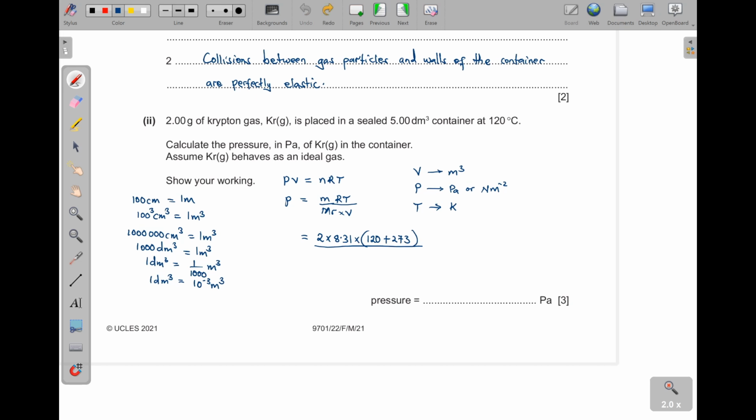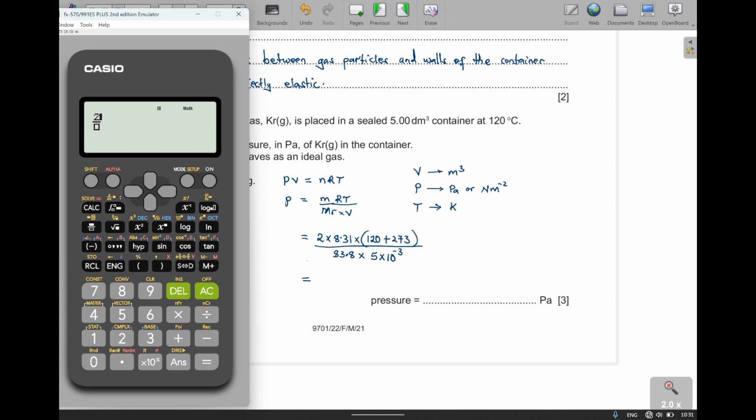When you check the periodic table, the relative atomic mass of krypton is 83.8. Now the volume is 5 decimeters cubed, but where there is decimeters cubed, we are going to multiply by 10 to power negative 3 to be in meters cubed. So all together, what do we get?